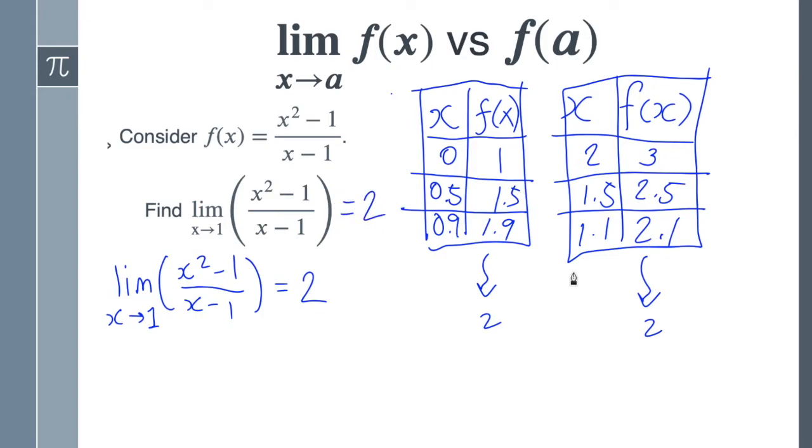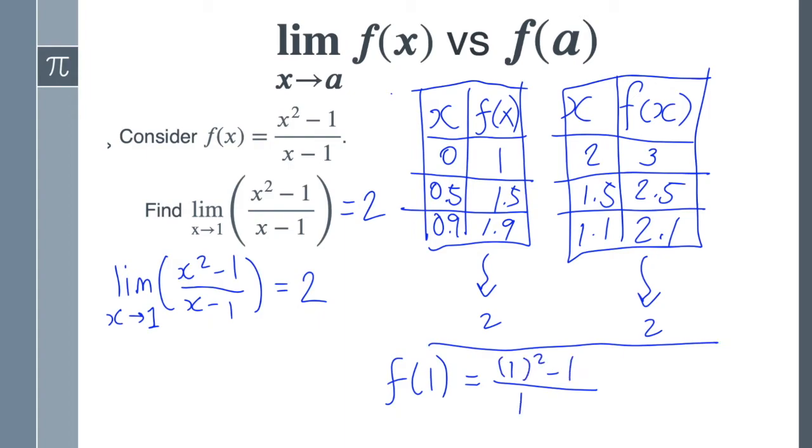But now let's see what happens if we substitute directly into our limit value. By substituting it directly, what is f of 1? f of 1 is equal to 1 squared minus 1 all over 1 minus 1.